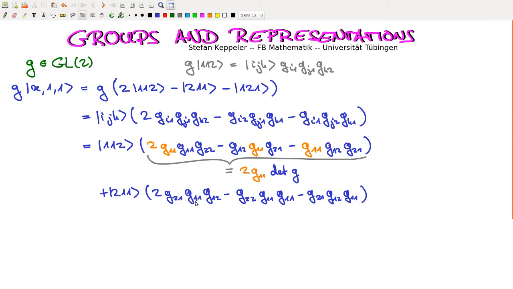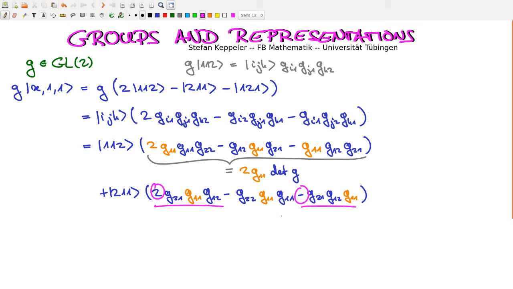So there is one here, there's one here, and one here. And this time the first term and the last term are identical except for the prefactor. There's a 2 here and a -1 here. So we keep this term just once.